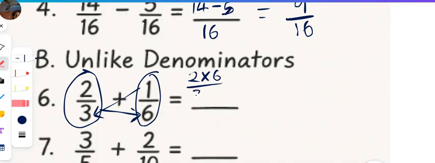Remember, the whole fraction we're multiplying by 6. Plus, now I'm picking the second fraction on my right, and I'll multiply by the denominator of the first fraction on the left. So that's 1 times 3, all over the denominator 6 times the same 3.